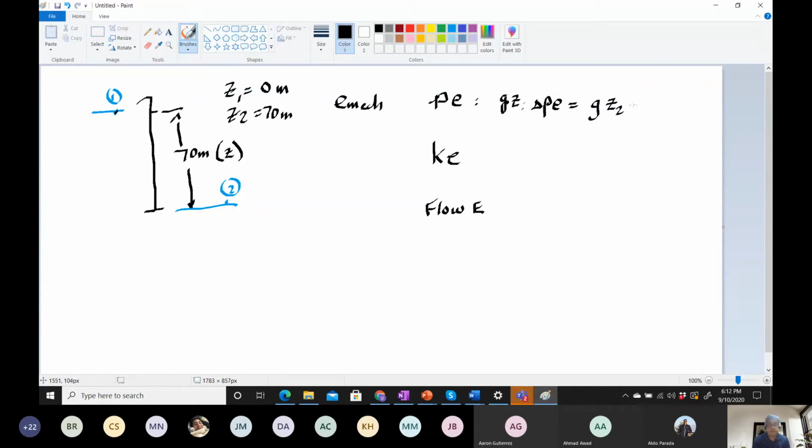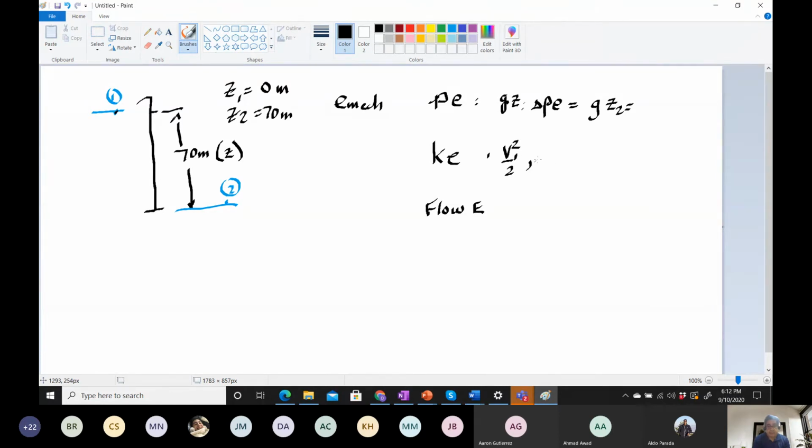We know what g is, and we know what Z2 is. Now in terms of kinetic energy, usually you look at the velocity squared divided by 2 at each point.